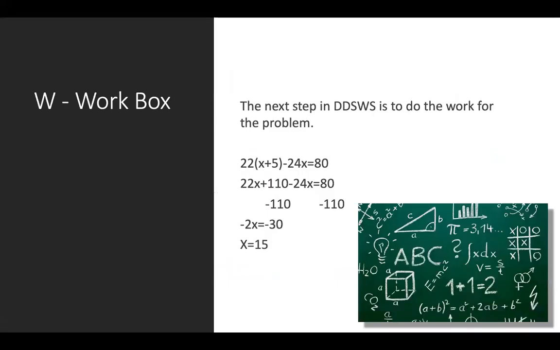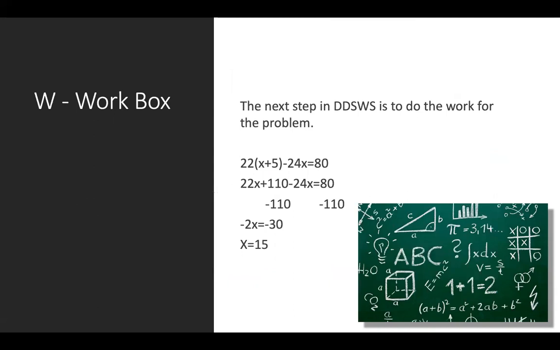So here's the next step, W. It stands for workbox. This step is for doing the work for the problem. So I'm going to rewrite the equation here, 22 times x plus 5 minus 24x equals 80.